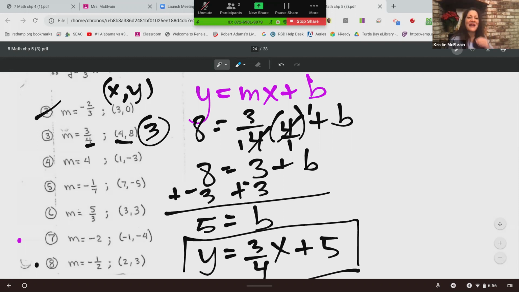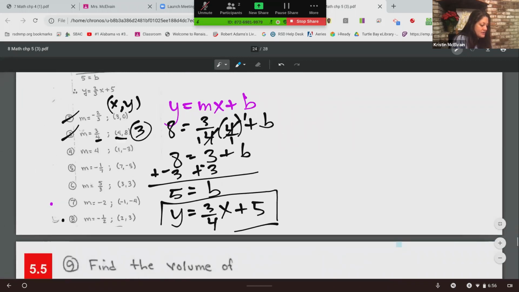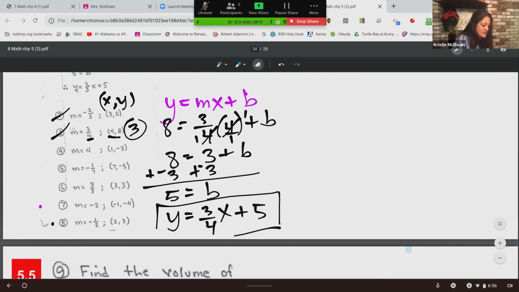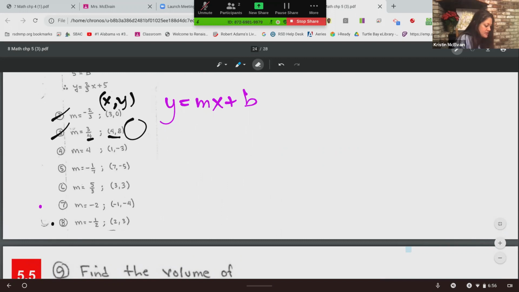Pretty easy, right? Hopefully at this point, you can do the rest on your own. Let's do a couple more here. We do have a number 9 for volume. Almost there. And we're now on 4.